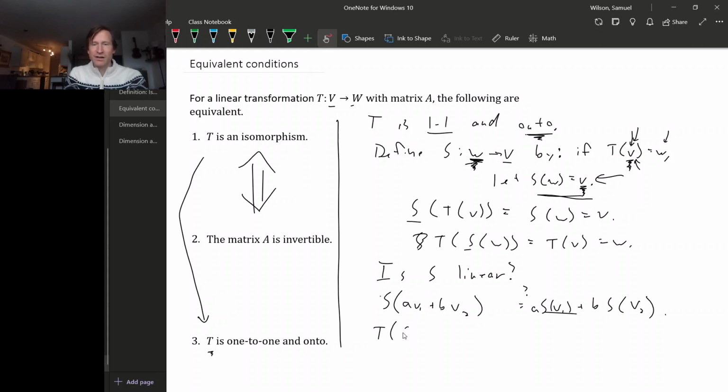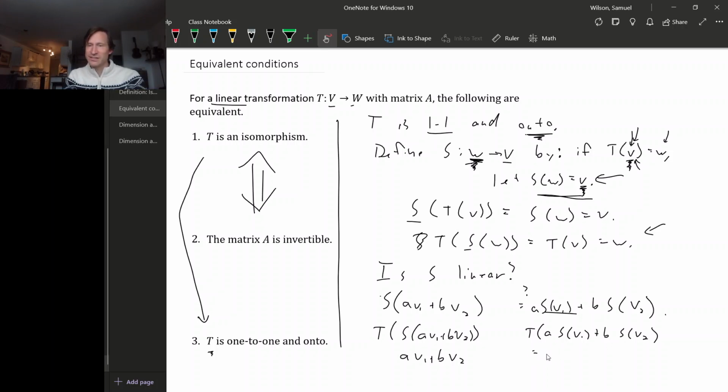So T of S of AV1 plus BV2. Well, that's, right, T and S, they're inverse functions. So this is just AV1 plus BV2. All right, well, what does T do to the right-hand side here? It's T of A times S of V1 plus B times S of V2, but T is a linear transformation, right? We know that T is a linear transformation, so we can use the linear transformation property.